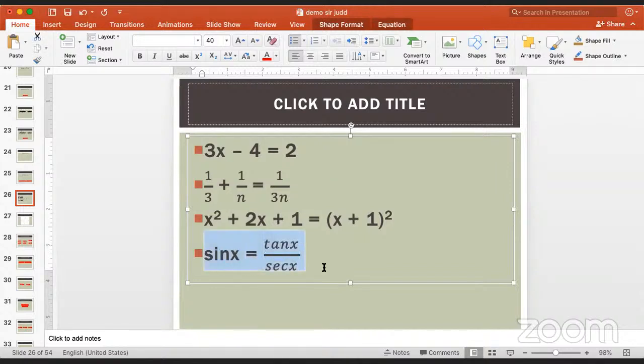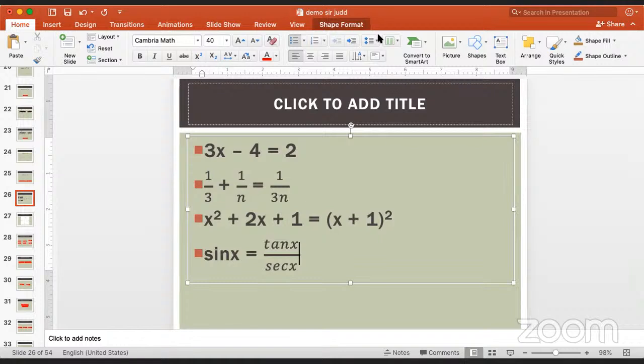Wow. Sir, magiging ano po siya, since yung tan x po is equal to sin x over cosine x po, and then yung secant naman po is equal to 1 over cosine x po. So, ang mangyayari po is yung tan x over secant x, mag-equal po siya sa sin x over cosine x times cosine x over 1.